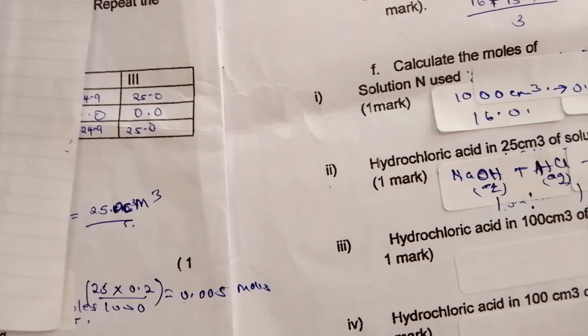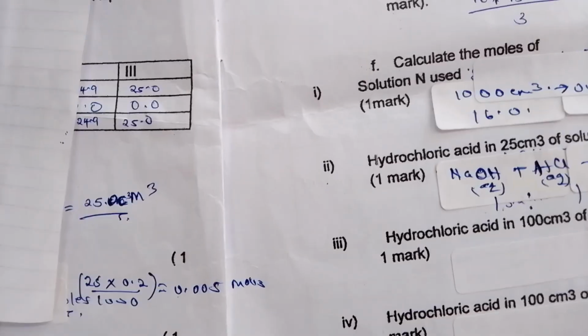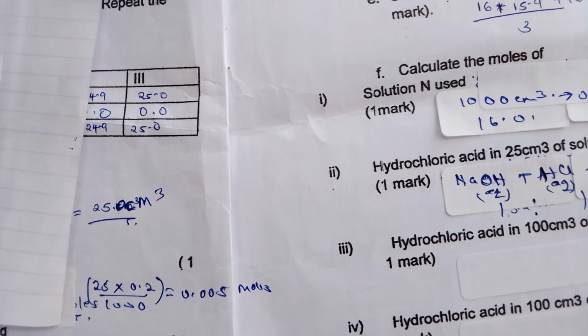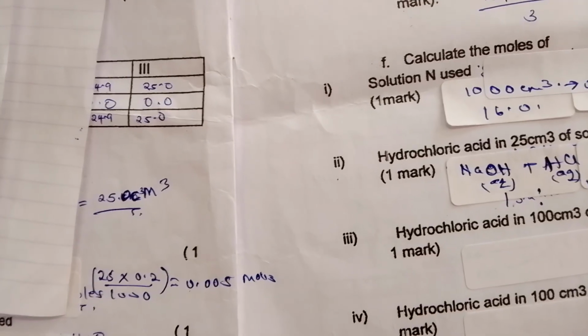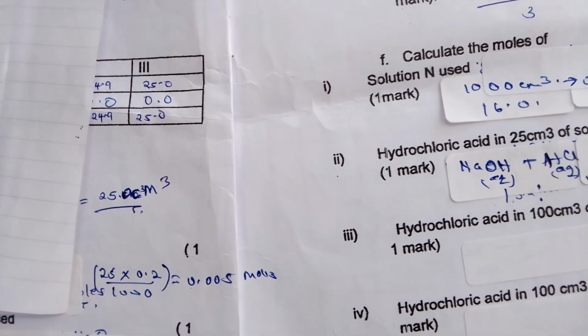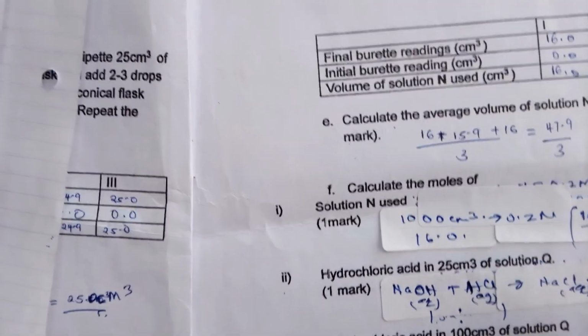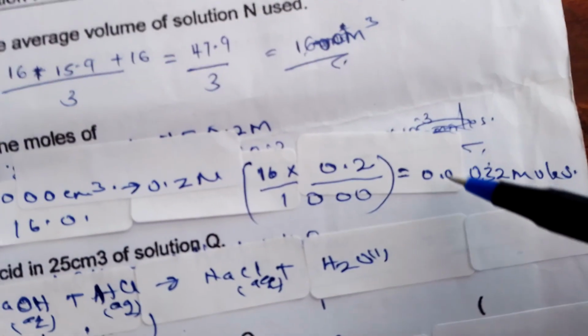So, therefore, the number of moles of HCl in 25 cubic centimeters, this one, the aliquot of solution Q, is the same as the number of moles used in titration. So the number of moles are also going to be like these ones here.